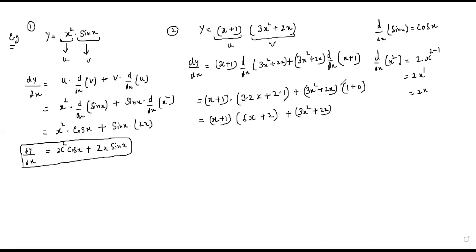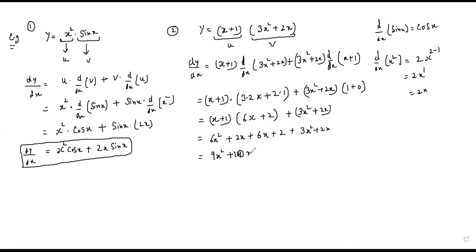plus 3x square plus 2x multiplied by 1, so it will be as it is. So you can multiply also: 6x square plus 2x plus 6x plus 2 plus 3x square plus 2x. So this is 9x square plus 4, 6 plus 2 is 8, plus 2 is 10.